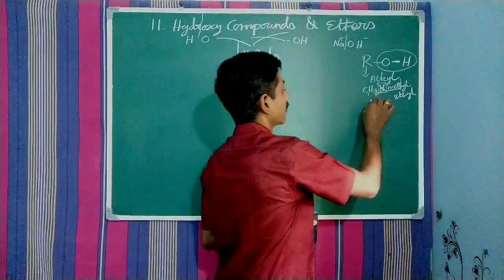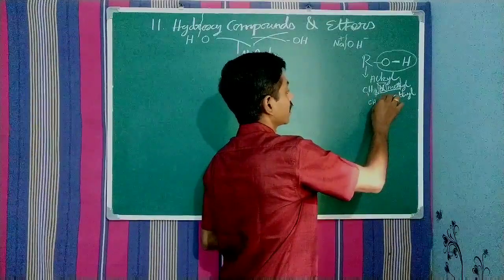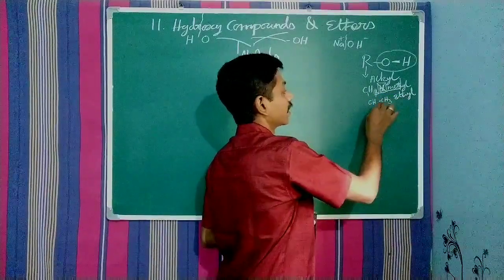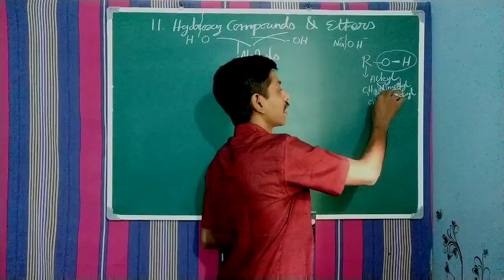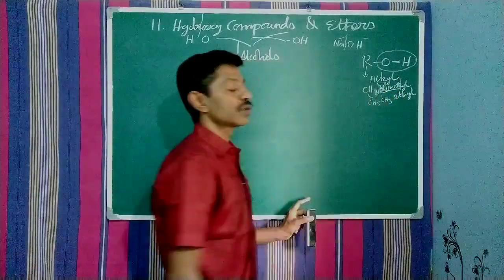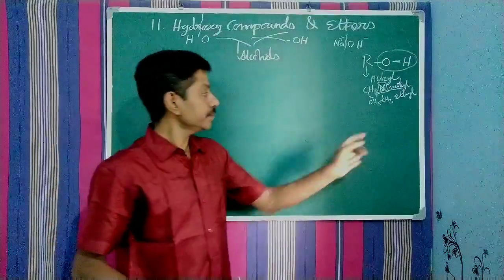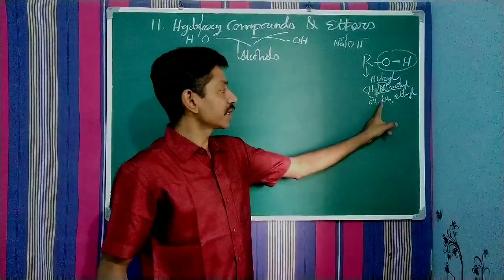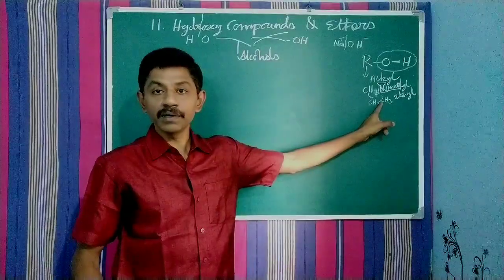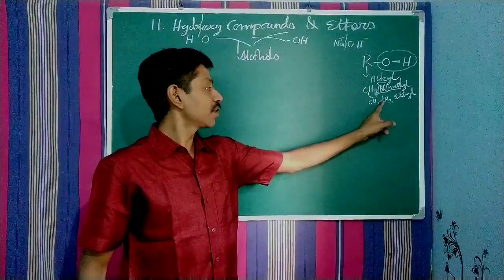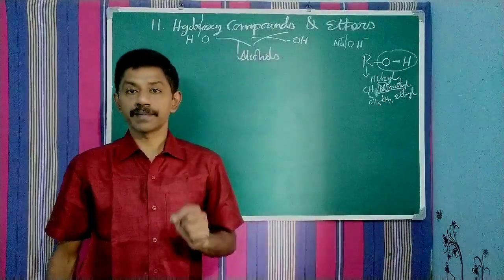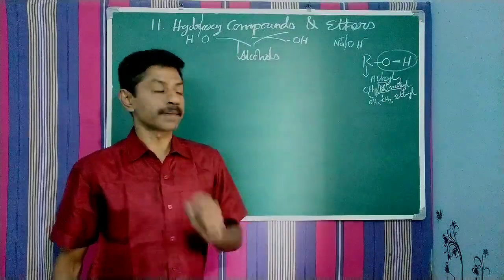Similarly, if you have CH3 and CH3, this is ethane. As you know, in the naming, two carbon atoms are there, so it has to start with eth. Just now I told you, saturated compounds will have a single bond, and if it has a single bond, the name has to end with ane. Then it is ethane.